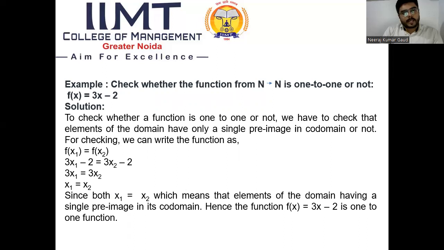On solving, if we get x1 equal to x2, then we can say that our function is 1-1. So f(x1) will be 3x1 - 2. f(x2) will be 3x2 - 2. After cancelling -2 on both sides, we are left with 3x1 = 3x2. After cancelling 3 from both sides, we are left with x1 = x2. Hence, our function is 1-1.